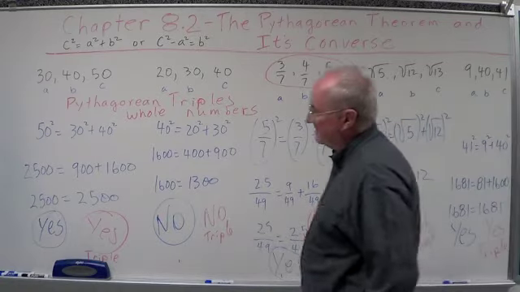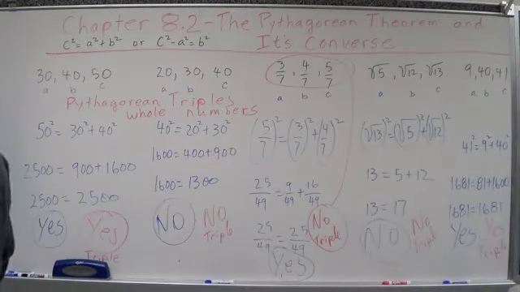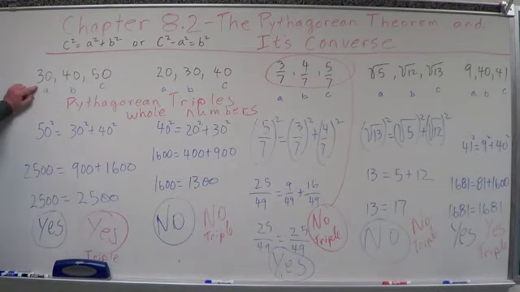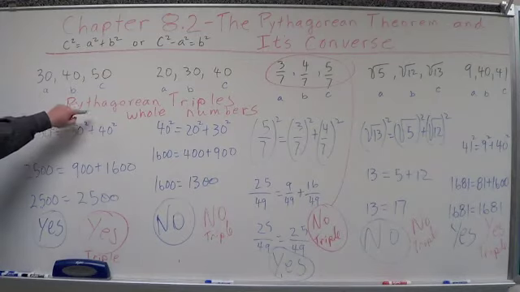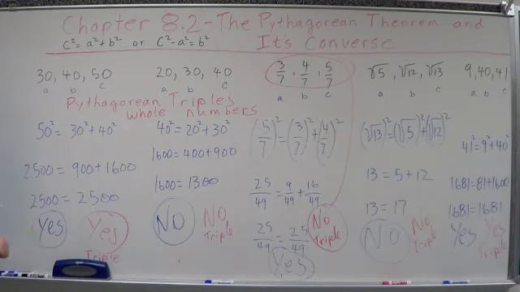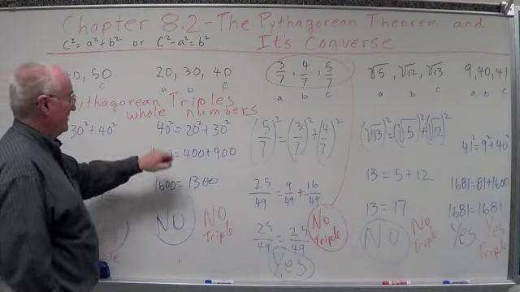So what we've done, this is the converse. What we're looking at here is, do I have three lengths that will satisfy the Pythagorean theorem? Yes. To be a Pythagorean triple, they also have to be whole numbers. Does this satisfy the Pythagorean theorem? Yes. Are they whole numbers? Yes. Does this satisfy the Pythagorean theorem?